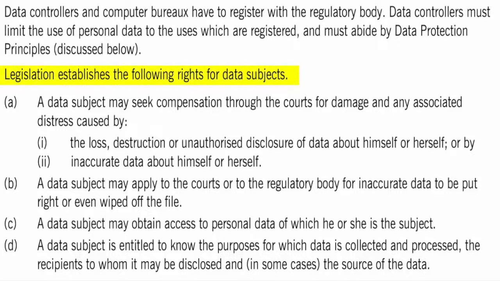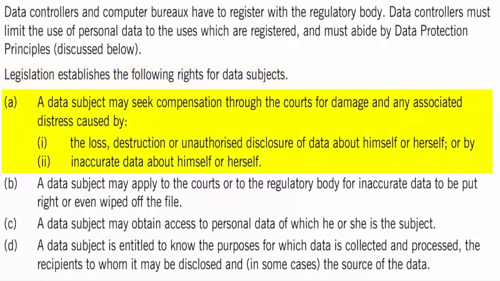3. Rights of data subjects. The legislation grants individuals, referred to as data subjects, several rights to protect their personal information. Right to seek compensation. Data subjects may seek compensation if they suffer damage or distress due to unauthorized disclosure, data loss, or inaccuracies in their records.